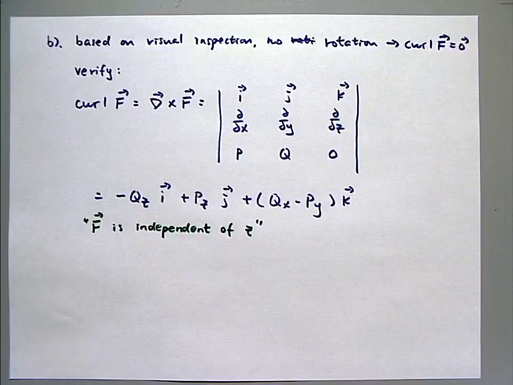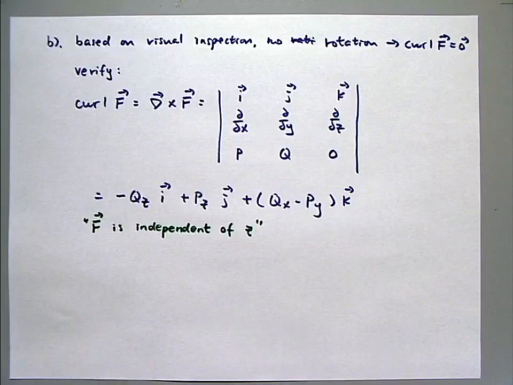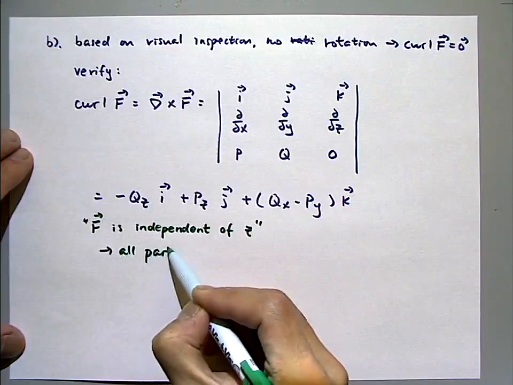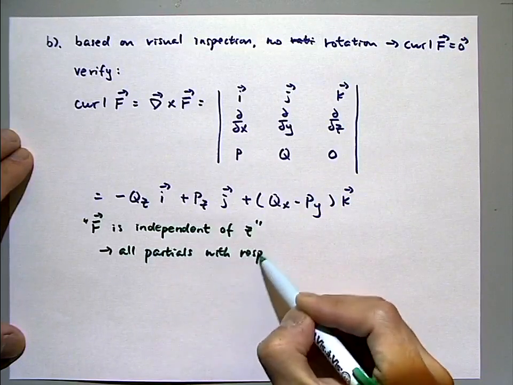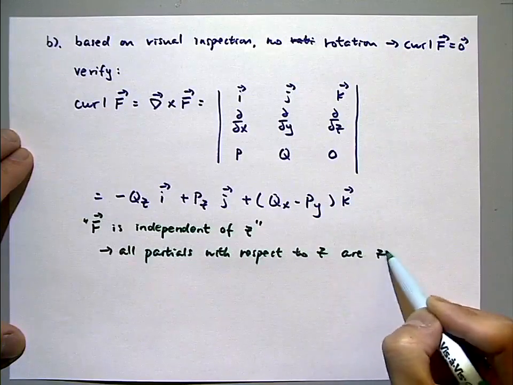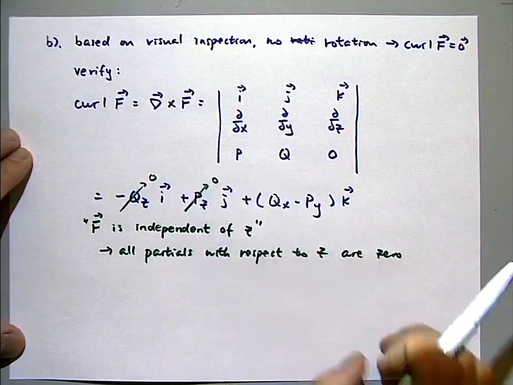If there's no change, what's the derivative? 0. So if F is independent of z, that means as you move up and down, there's no change. Therefore, the partial derivative must be 0. So all partials with respect to z are 0. So that guy is a 0. This guy is a 0.